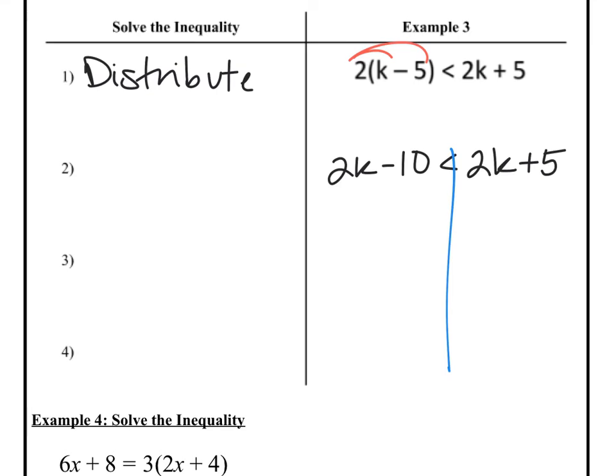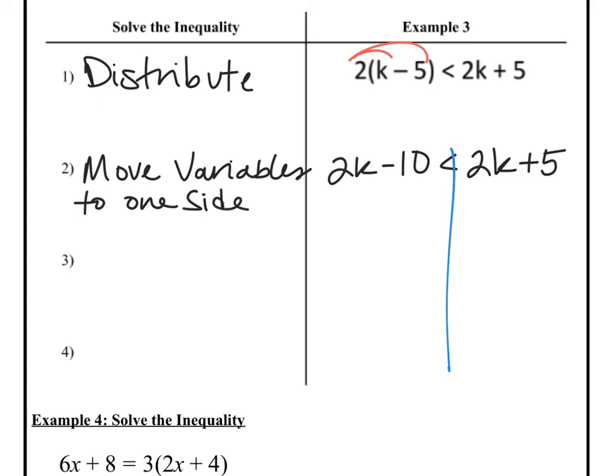Can I, or should I move my variables to one side? Yes. So we move 2k by subtracting it. And look, they both cancel out so that you're left with -10 is less than 5.